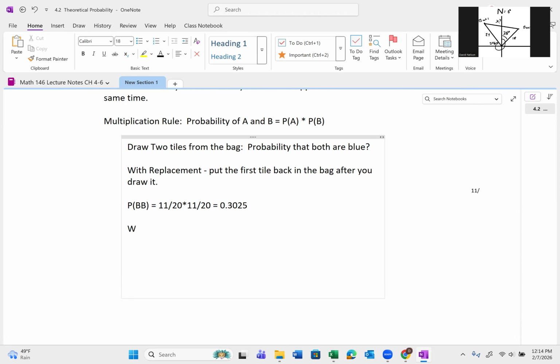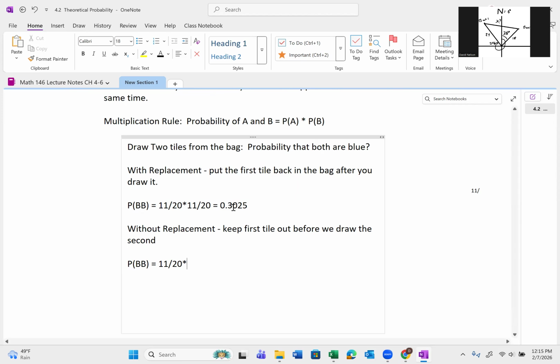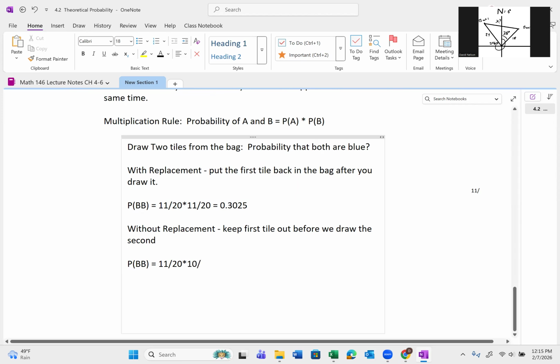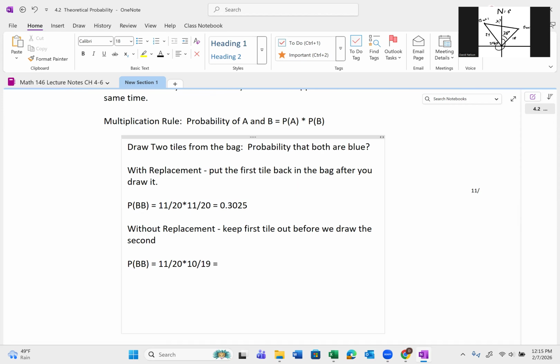And then you could also look at without replacement, where we keep the first tile out before we draw the second. It's very similar. I still want to multiply. I take 11 out of 20 as the first one, but for the second one, there are only 10 blue tiles left out of the 19 tiles left in the bag.